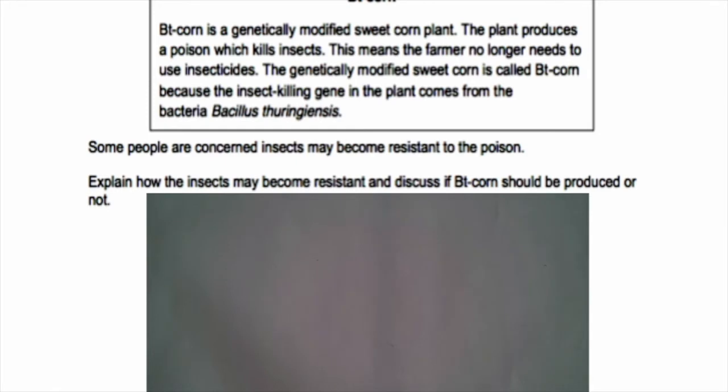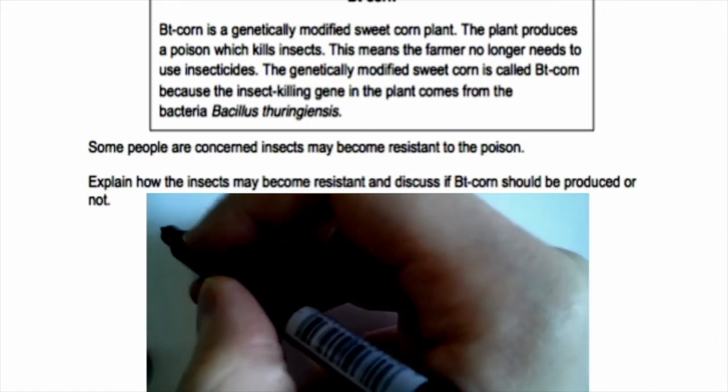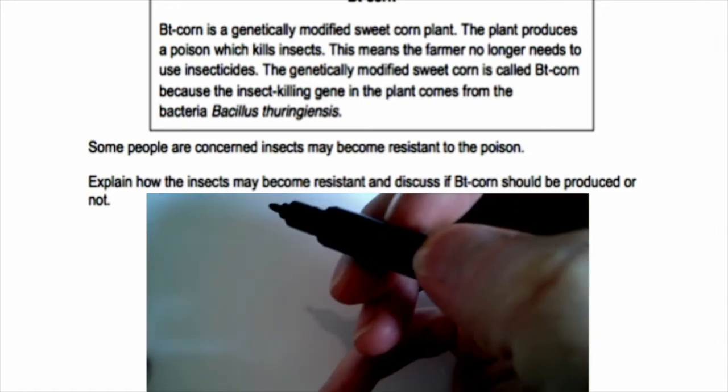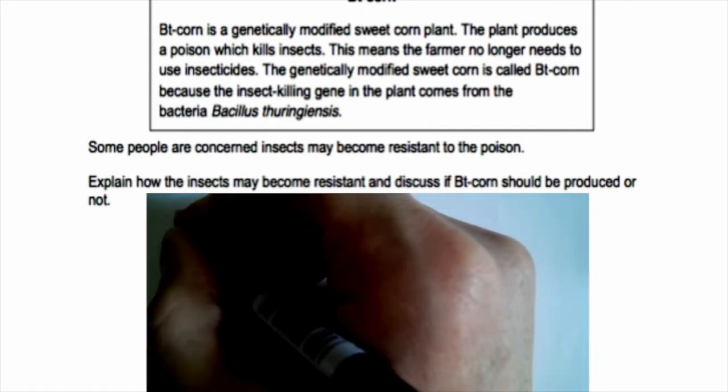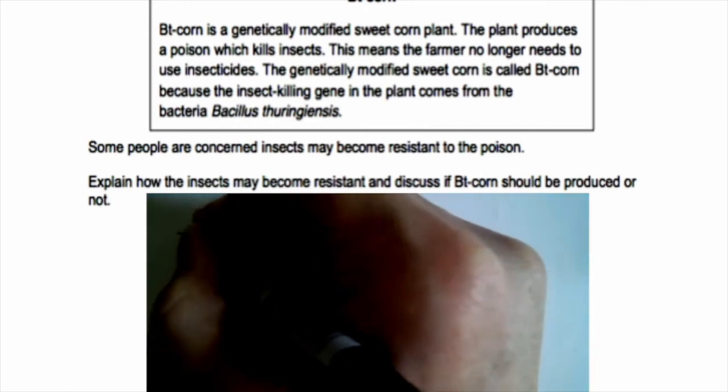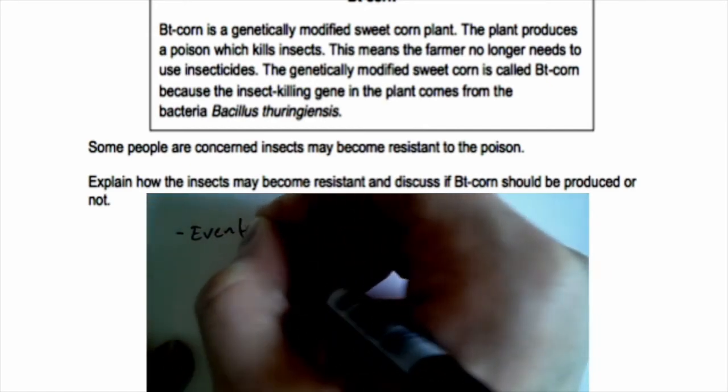So this first bit about insects becoming resistant, it's not about genetic engineering. What it's really about is evolution, and being able to explain a little bit of that process. So why will insects become resistant? Well, eventually they're going to adapt.